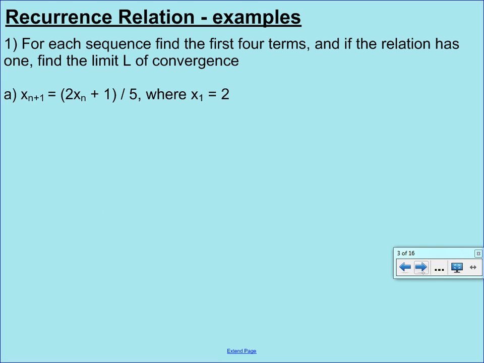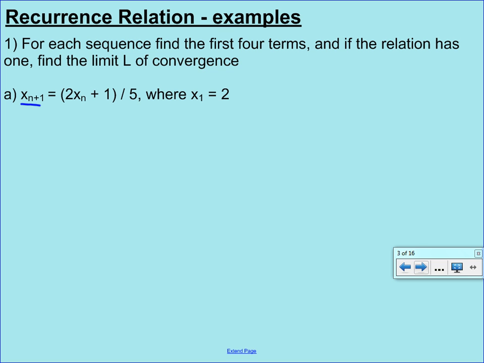So let's have a look at an example. It says for each sequence, find the first 4 terms, and if the relationship has one, find the limit L of convergence. Normally with recurrence relations we are talking about sequences. Because I have this x_(n+1), straight away I know this is a recurrence relation. So let's do the first part, find the first 4 terms.